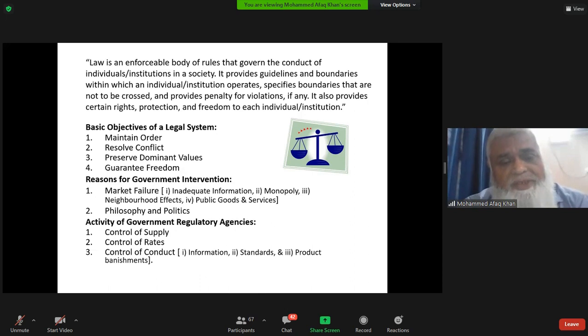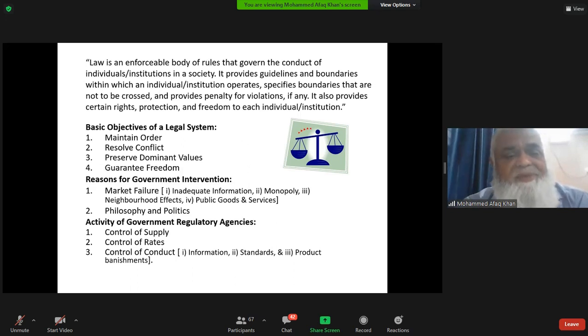So law is necessary to resolve conflict between individuals, between individuals and organizations, between various organizations, even between countries, even between organizations belonging to different countries.